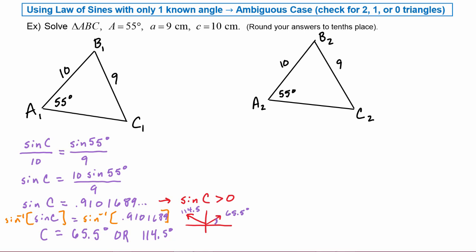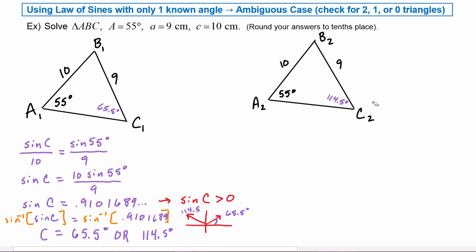What does happen is that angle C has 2 different possible values. So let's put the 65.5 degrees here and the 114.5 degrees here. And you'll notice I'm not bothering to draw my triangles to scale.